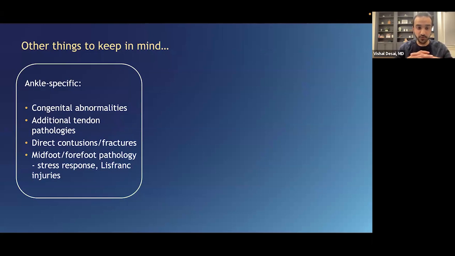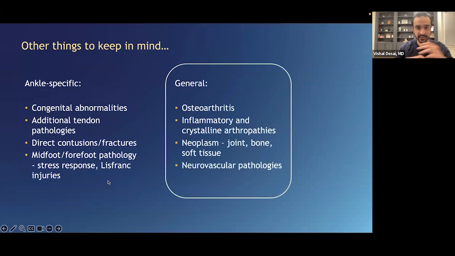And then, of course, midfoot and forefoot pathology that may get imaged or may get referred back to the ankle. So stress response in your midfoot, stress response at the base of the metatarsals, and on occasion, Lisfranc injuries. And then, of course, things that happen in other joints can happen in the ankle: OA, inflammatory and crystalline arthropathies, neoplasms, PVNS, giant cell tumors, lipomatous tumors, and neurovascular pathologies.